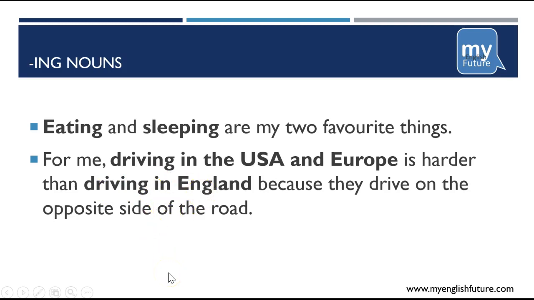Read the sentence with me, because this will help you with your writing and your speaking. Here we go. For me, driving in the USA and Europe is harder than driving in England because they drive on the opposite side of the road. And notice this little verb is, because driving is singular.